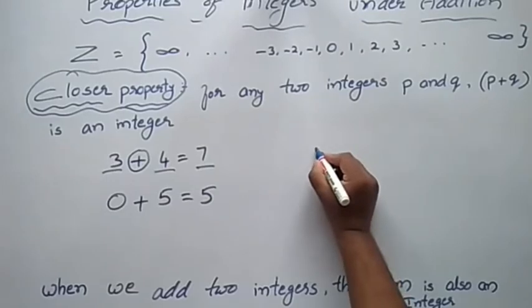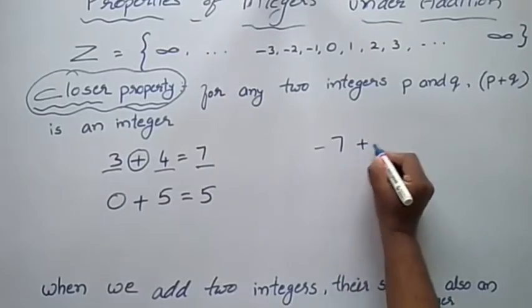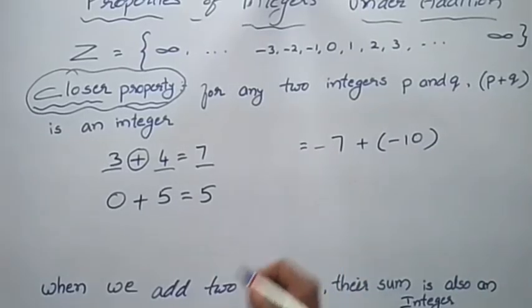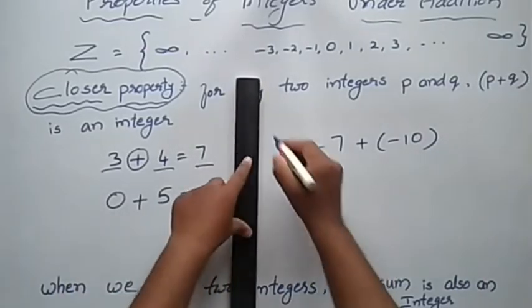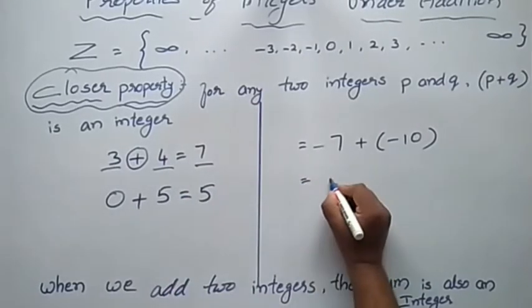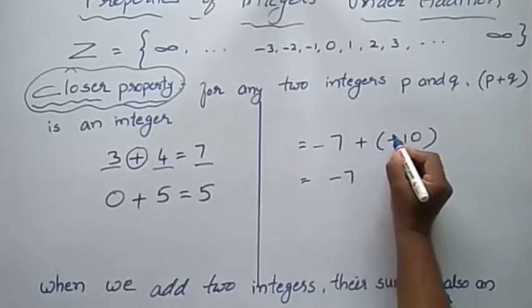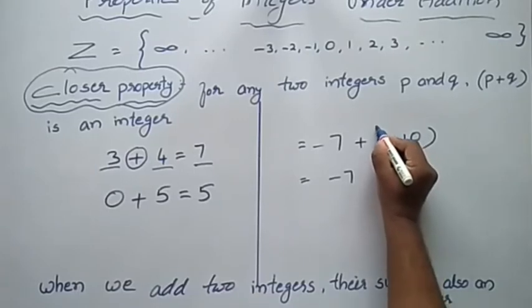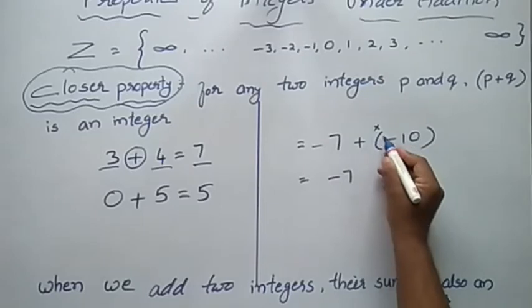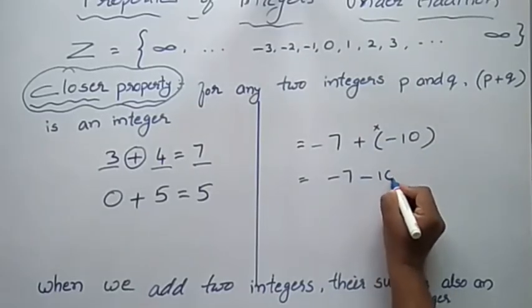Here I will take one more example, minus 7 plus minus 10. The bracket means 'of', so we can think of it as into: plus into minus 10.